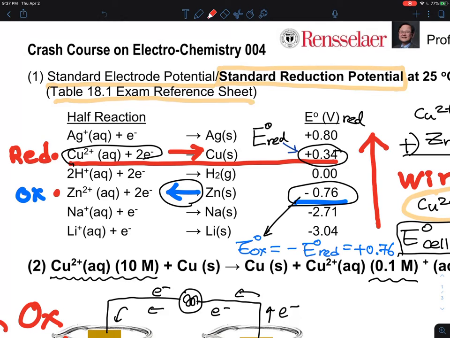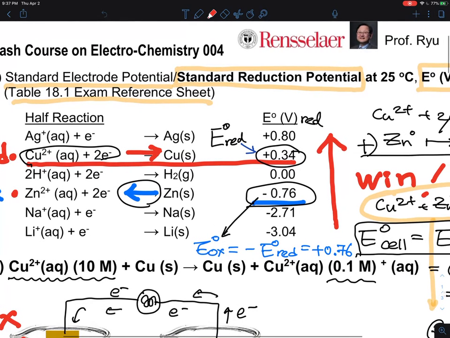I think when the student asks, is an oxidation value always going to have a negative E naught value, it is, if you think about it, if I have this one versus this, right? This one will be a reduction. This one is bigger, this is a winner, right? On this scale, although they all like to be oxidized, they are going to be pretty weak in here, but this is really weak, and this is strong.